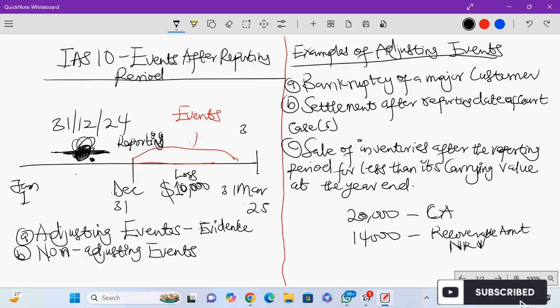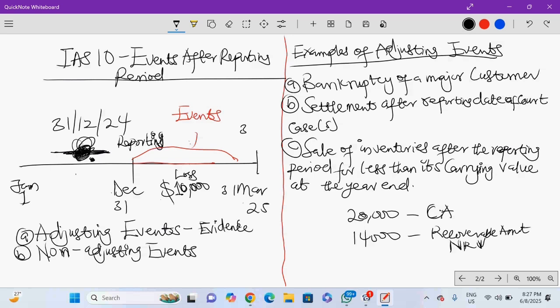Why? Because in our books we had an inventory of 20,000. Now we sold it for 14,000. Are we making a loss or are we making a profit? Alright, a loss. You see that we are selling it lesser than the carrying amount. So this has to be adjusted in the books. It is an adjusting event.